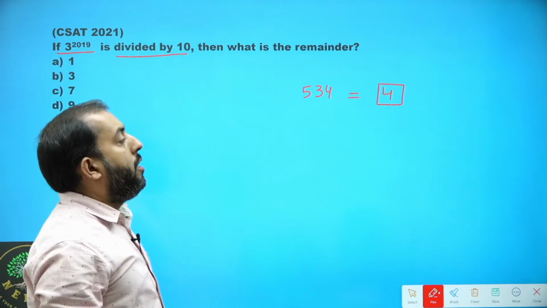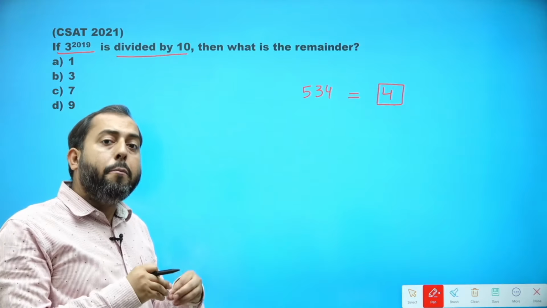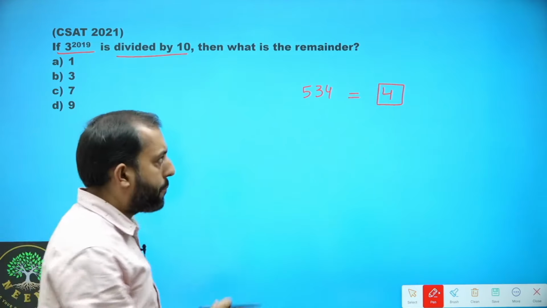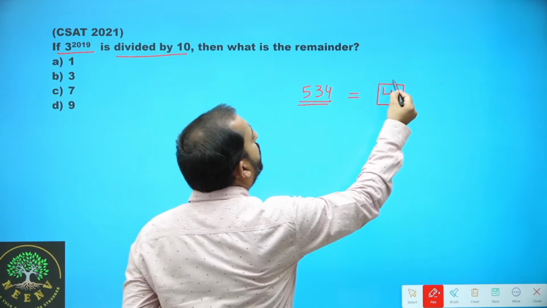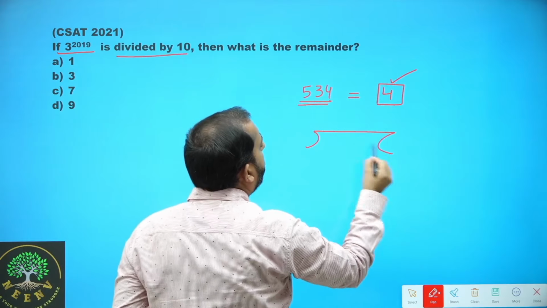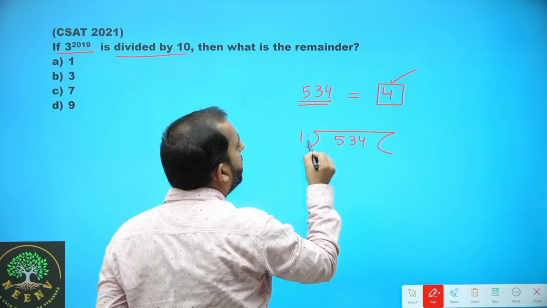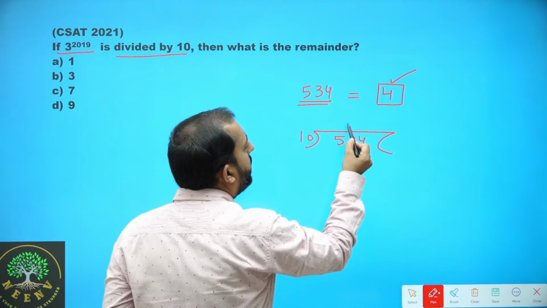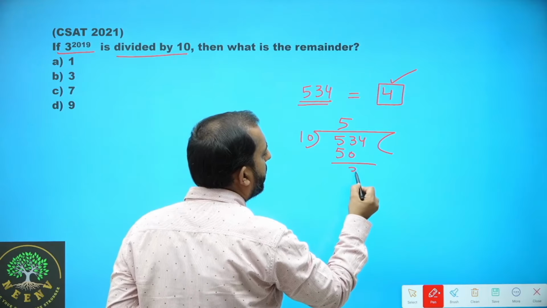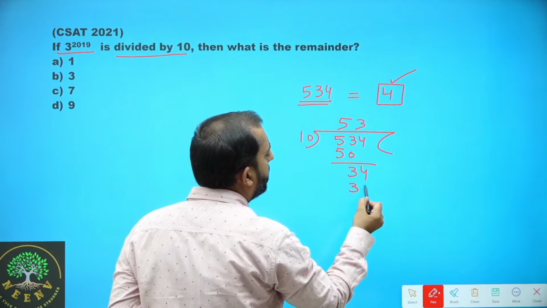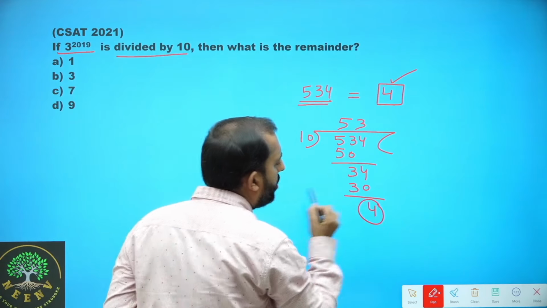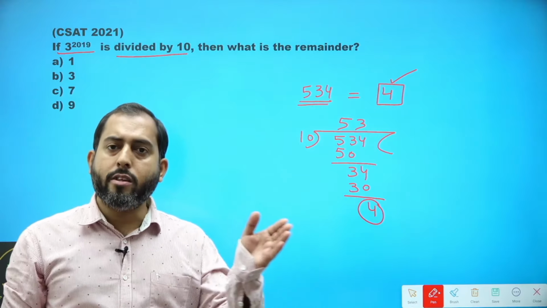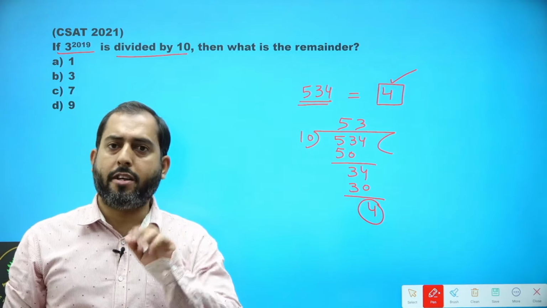Now if you divide 534 by 10, the remainder obtained is 4 again. How come? Let's check. 10 5s are 50, 10 3s are 30, and the remainder obtained is 4. So the unit digit of a number and the remainder when the same number is divided by 10 are the same thing.